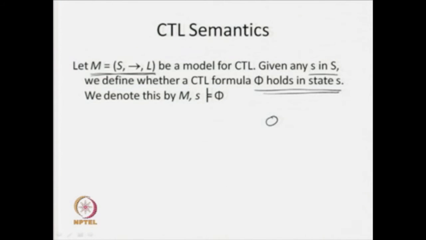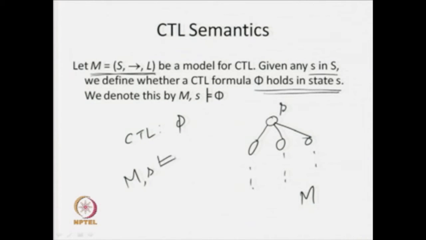That means, if I have a model M and we consider one particular state S and a CTL formula phi, then M, S models phi says that this CTL formula phi holds in this particular state S. Similarly, we use the symbol M, S does not model phi. In this case, it says that in state S, the formula phi does not hold.